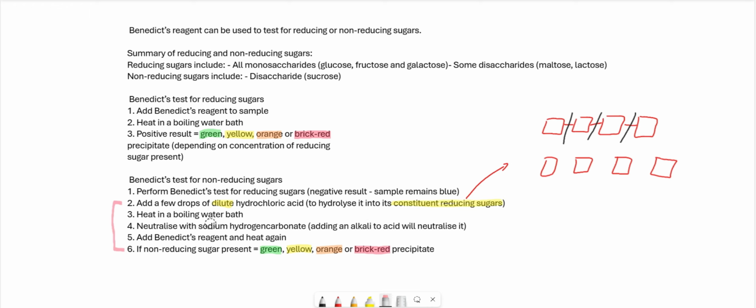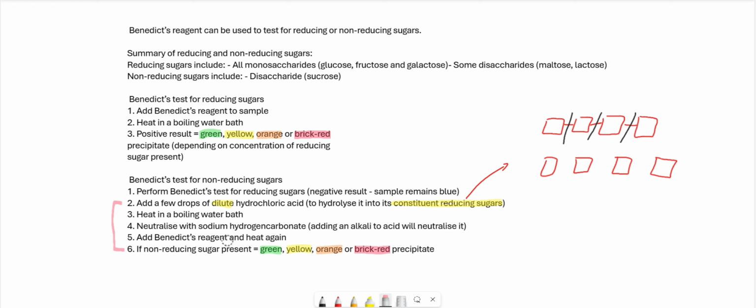The next step is we would heat the sample in a boiling water bath. And then we would neutralize the excess dilute hydrochloric acid, which is acidic, with sodium hydrogen carbonate. Sodium hydrogen carbonate is an alkali, and when an alkali is added to the excess acid, the acid will be neutralized, and we would produce a neutral pH for the sample.